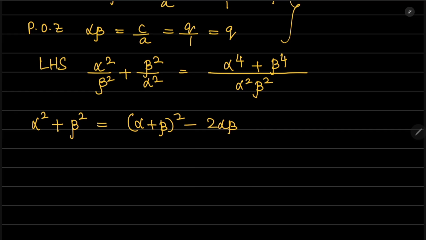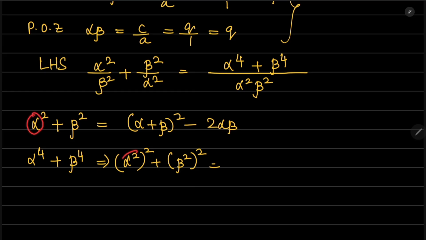I can write alpha to the power 4 plus beta to the power 4 as alpha square the whole square plus beta square the whole square. Now, in place of alpha, I have got alpha square. In place of beta, I have got beta square.